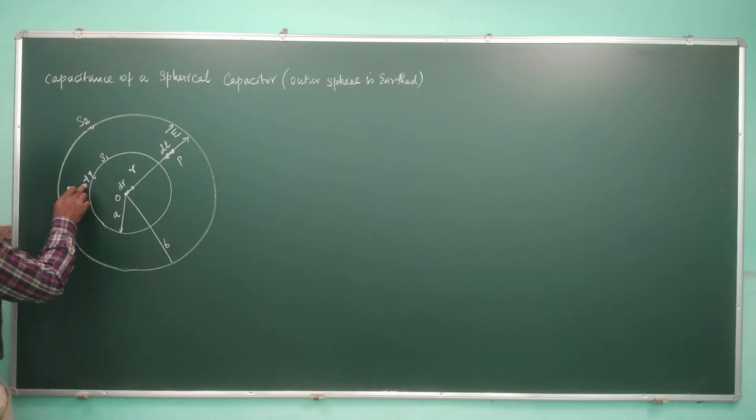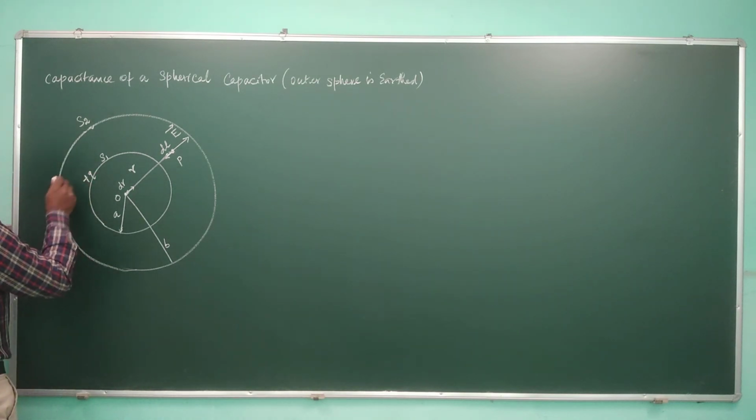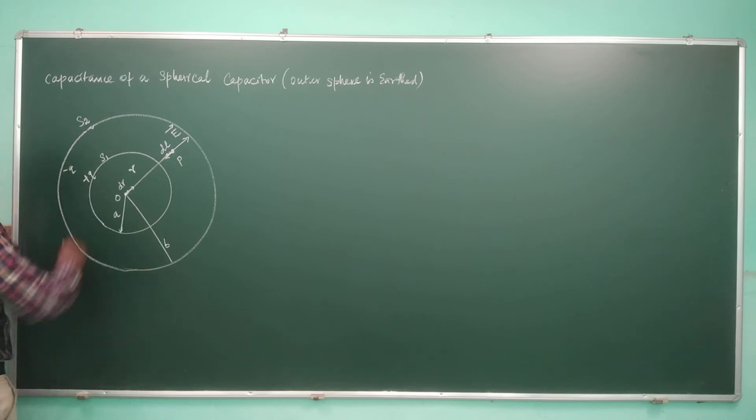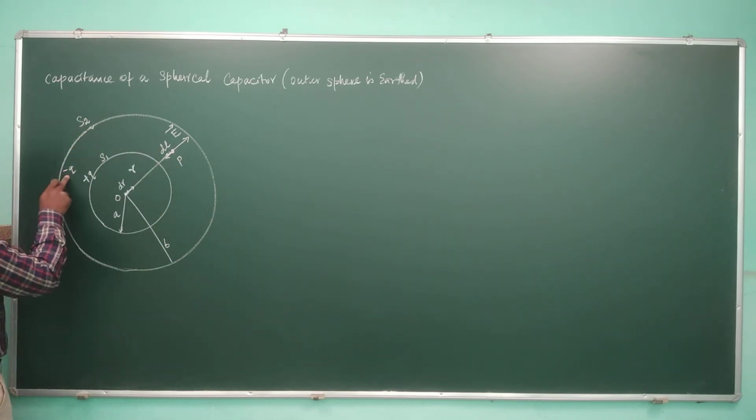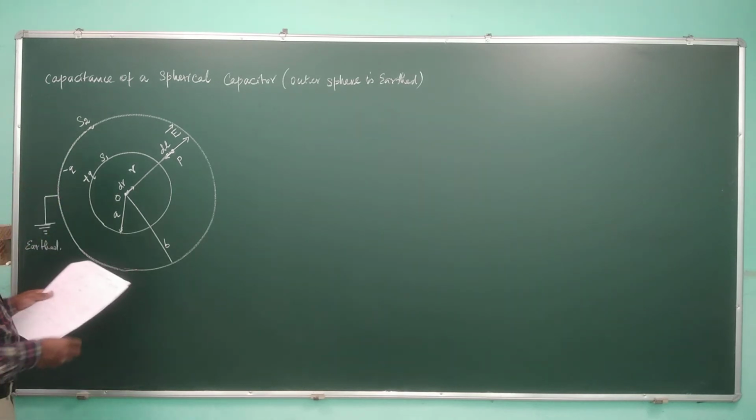Now because of that, on the inner side of the outer sphere, negative charges will be created and the outer side of the outer sphere will be earth. This is the situation.